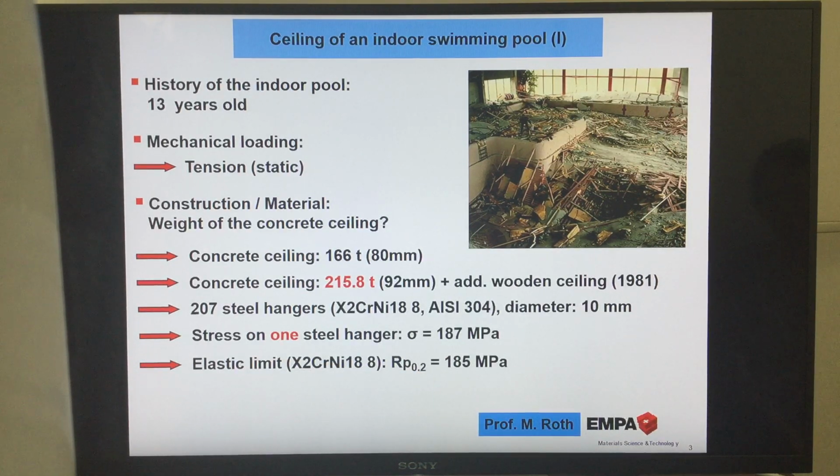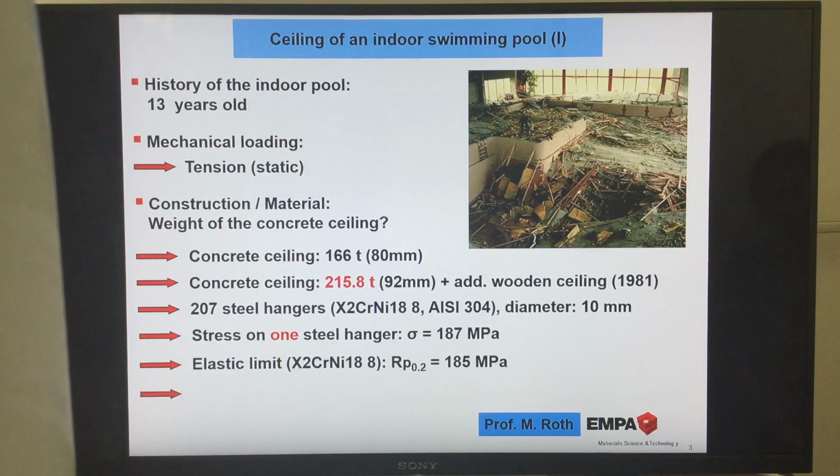That's not very good, huh? That's strange, that's even bad, that's irresponsible, because we are above the elastic limit already at the beginning of our construction. We are already in the range where slight plastic deformation may occur.